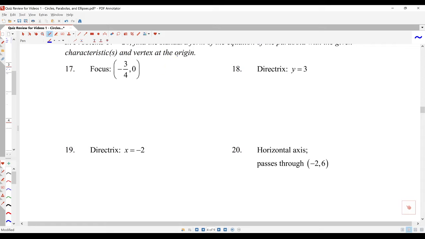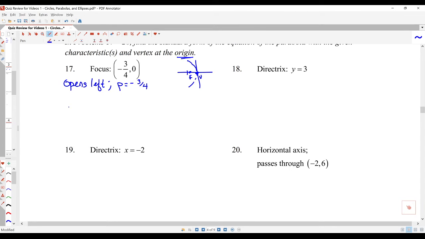So here we are starting off in all of these, the vertex is at the origin, and the focus in this case is -3/4. If you sketch it real quick, the vertex is here at the origin, and at -3/4 is my focus, so this is going to open to the left. And P would be the distance, so in this case P is -3/4.